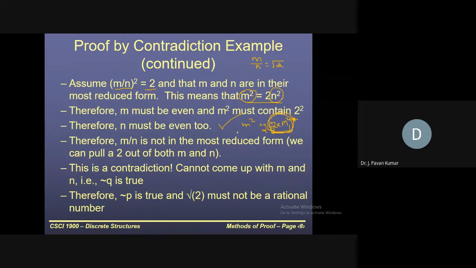n is also even. Now what we can understand from this is, starting from this, m by n is square root of 2. This is what we have assumed as true. Then m is even, n is even. This is what we have claimed. Now if m is even, let us say 14, and n is also even, it can be 2, or 4, or 8, or 6, whatever it may be.